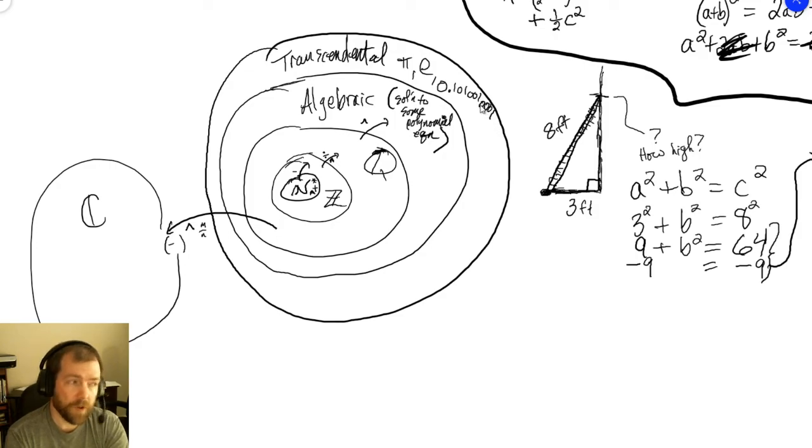So most numbers are actually in the transcendental category. If you randomly generated a whole bunch of digits, that's going to be a transcendental number if it goes on forever. If it stops at any point, it's rational automatically.